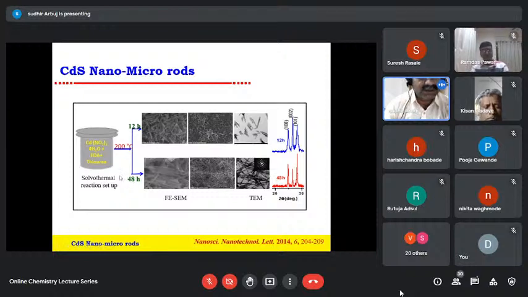If you increase the reaction time, micron-sized rod-like morphology forms. From XRD one can also see the specific orientation of the material. For the small-length zinc oxide rods, the 002 peak has high intensity; if the length is more, the 002 peak intensity is lower. So one can see from XRD alone that there is some preferred orientation in the material.